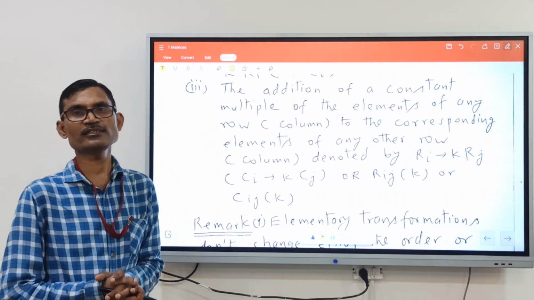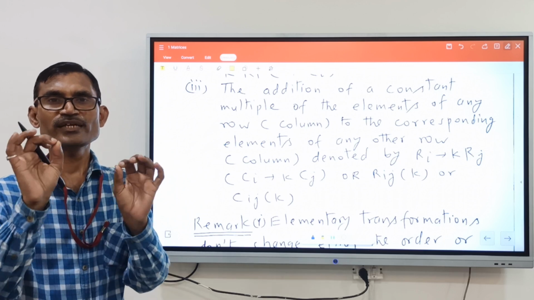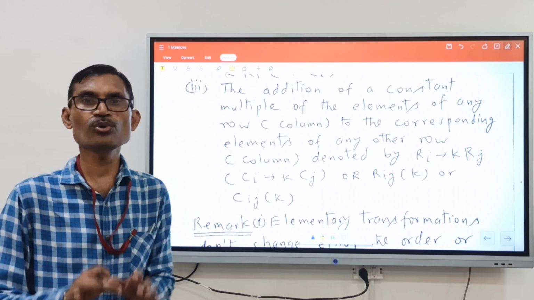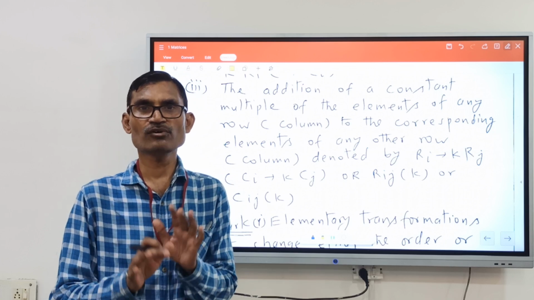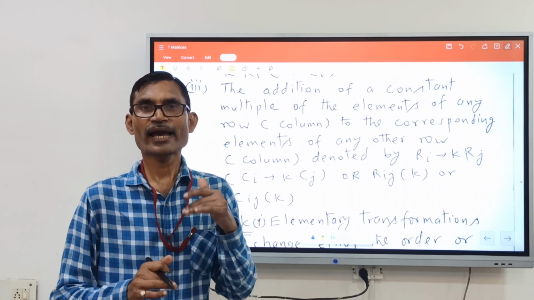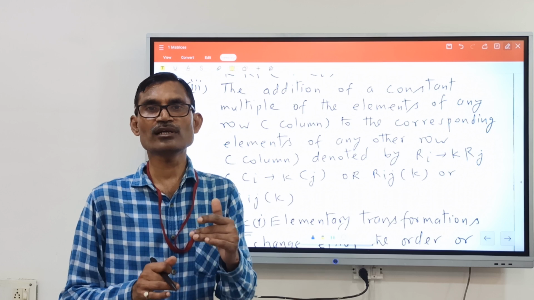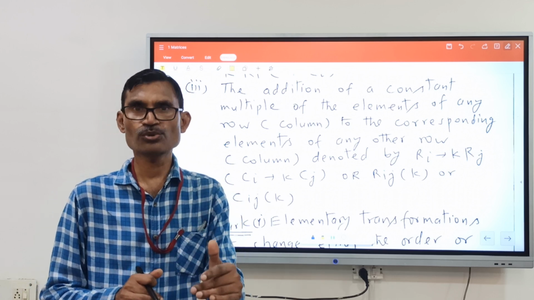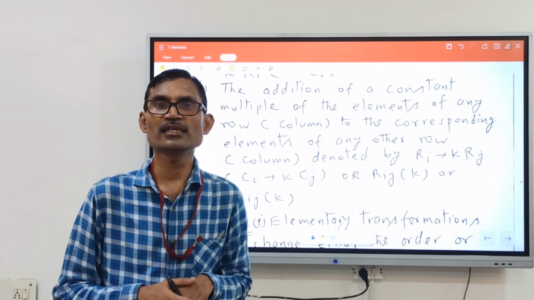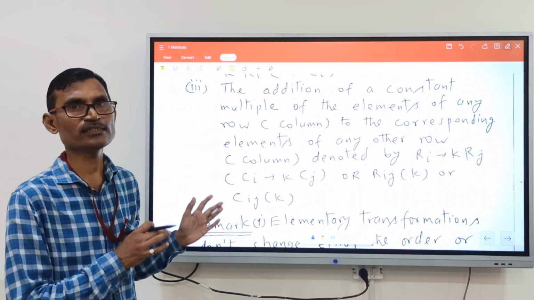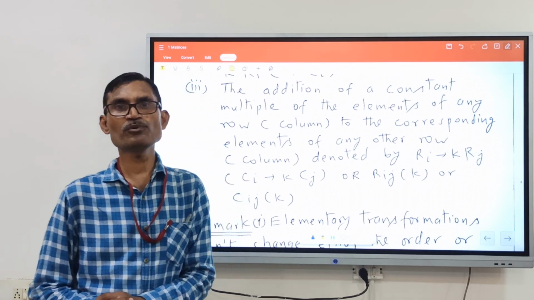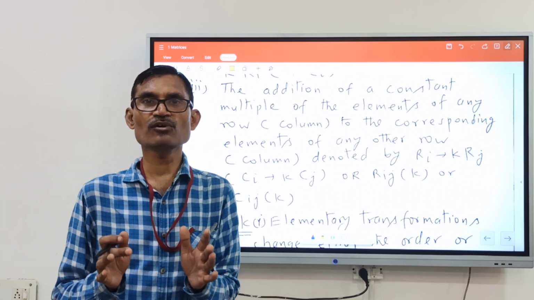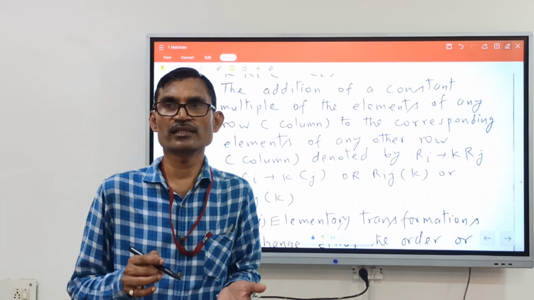In this third step, we can multiply any row or any column by a non-zero scalar quantity, and then add it to any other row or column. It is written as the addition of a constant multiple of any row or any column to another row or another column.